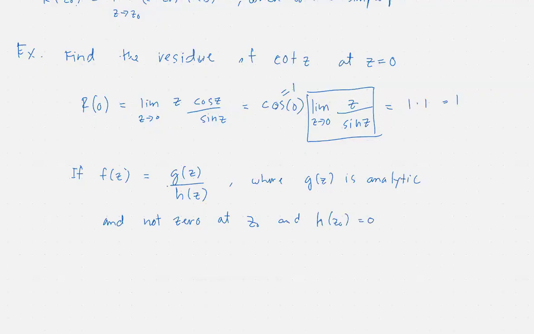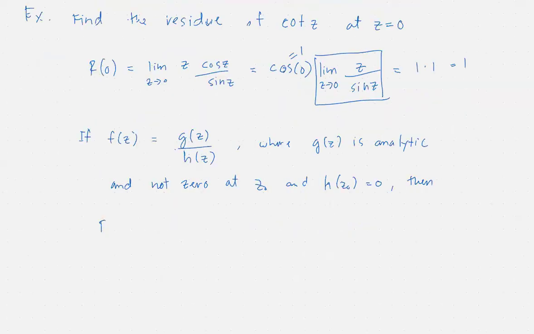Then the residue r of z sub 0 is the limit as z approaches c sub 0. We still do the same process, z minus c sub 0, but in this case we have g of z over h of z. We can factor out, similar to what we did above, g of z naught, right? So we did that to cosine here, cosine 0.